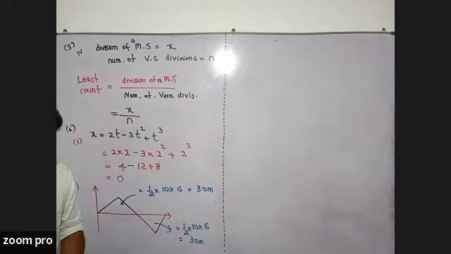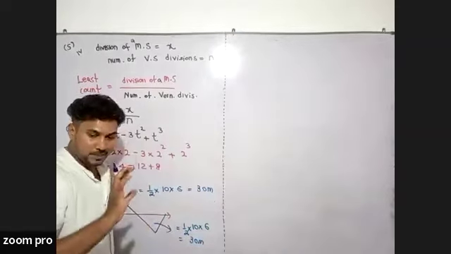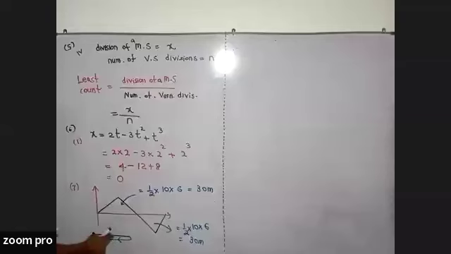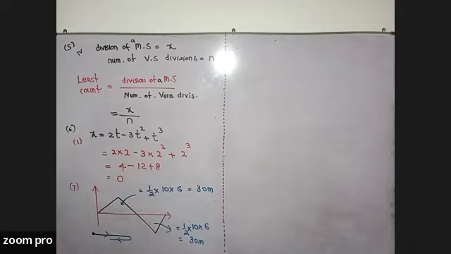But guys, keep in mind that if I draw a simple sketch, the object is moving towards this direction, then it changes direction and comes to the opposite direction. This is the relevant motion of this object related to this graph. This negative axis represents motion towards the opposite direction.